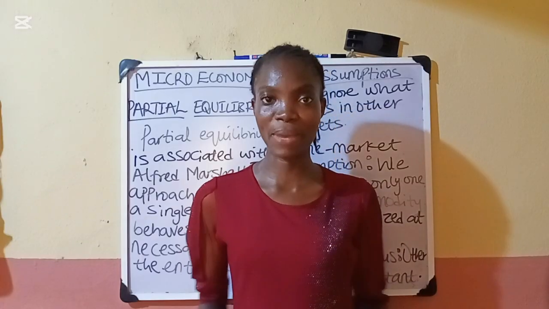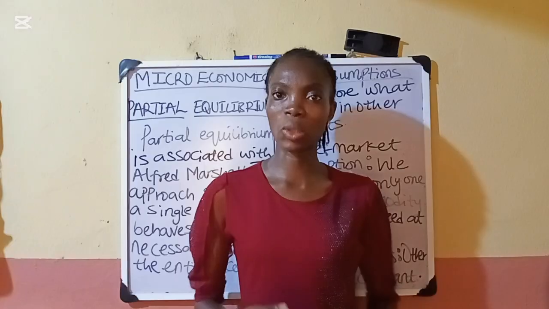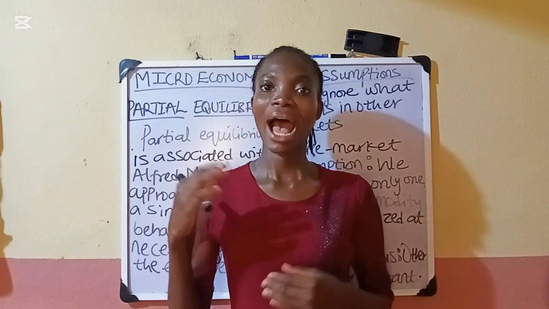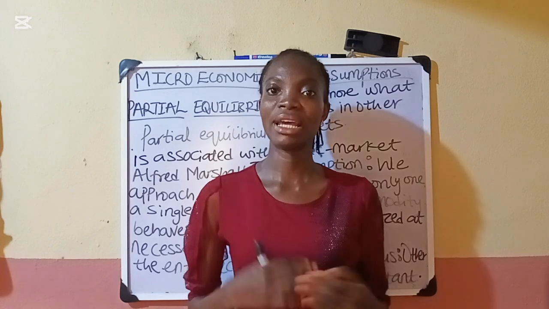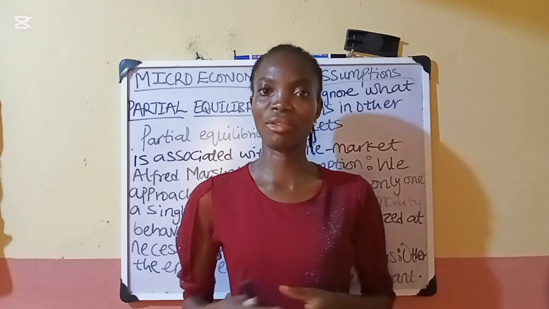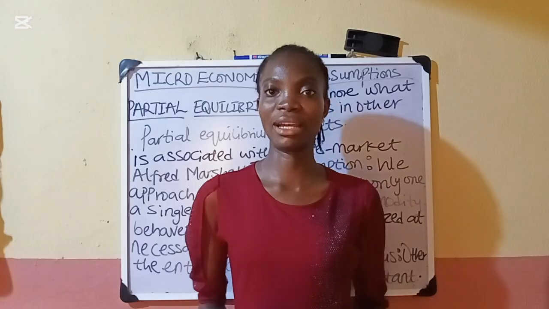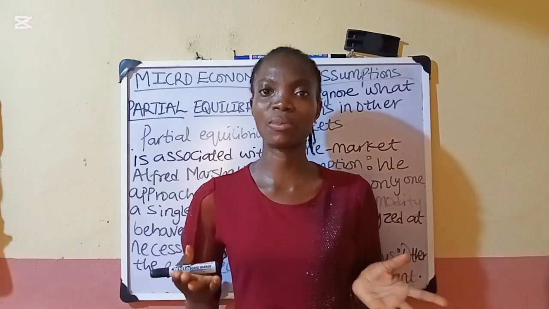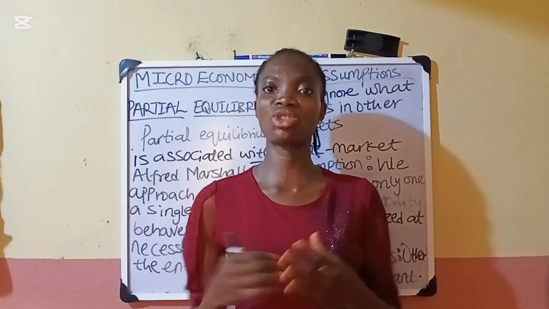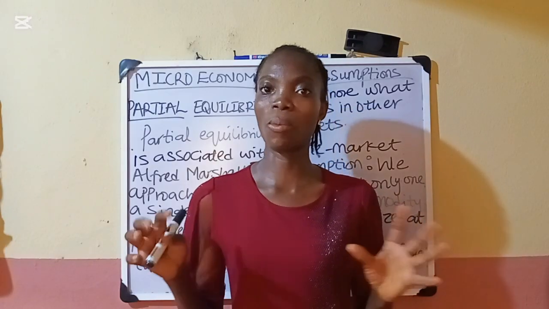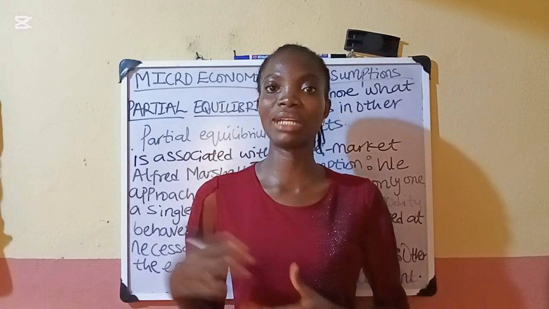Then the producer surplus is the extra benefit that the sellers get when they sell higher than the lowest price they were willing to sell at. Let's take for instance, they budgeted to sell the bread for 50 naira, and on getting to the market, the price is 100 naira. The extra 50 naira, which is the difference between the market price and the low price they wanted to sell at, is the producer surplus.